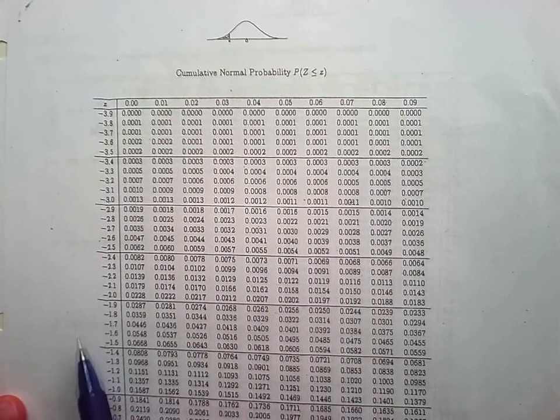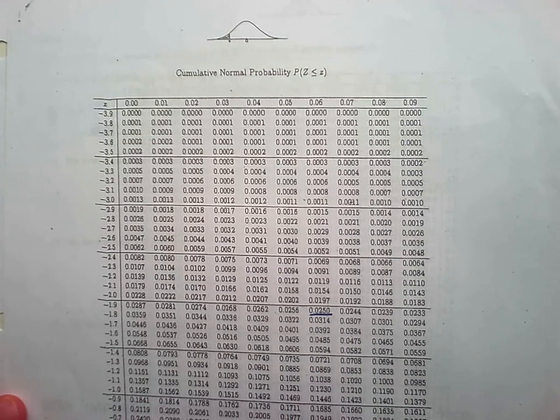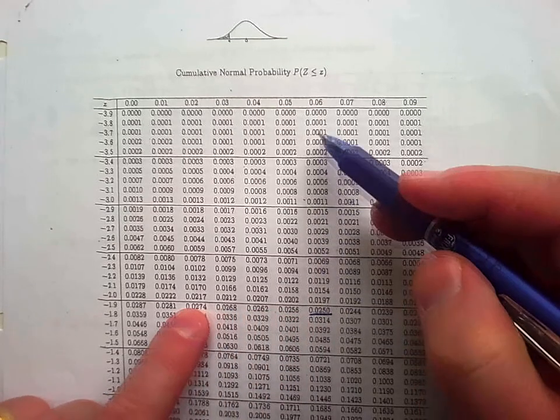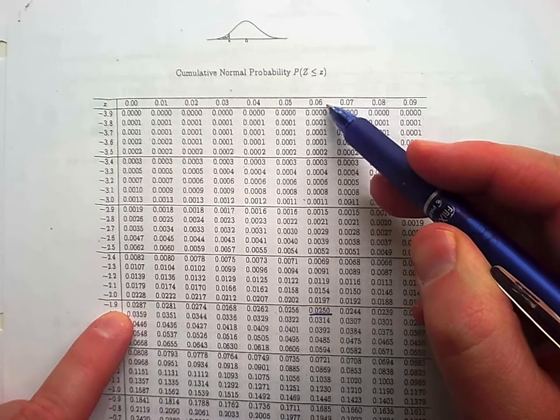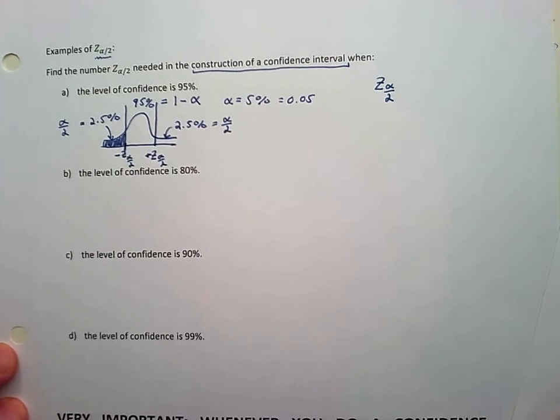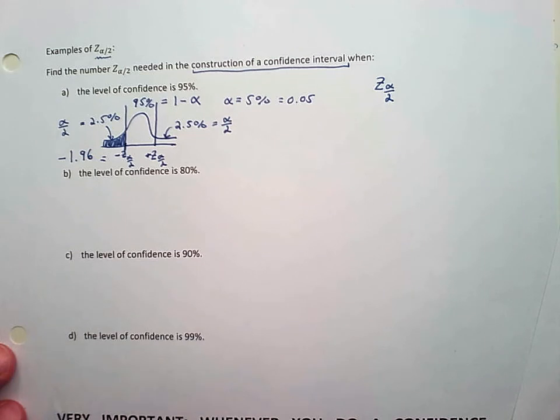And if we go hunting for 2.5%, we're going to find that 2.5% right here, 0.025. 0.025 is the same thing as 2.5%. Now, if we follow this outwards, we're going to have that it's negative 1.96. So the z value that's over here is negative 1.96.